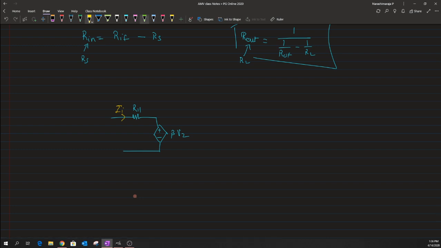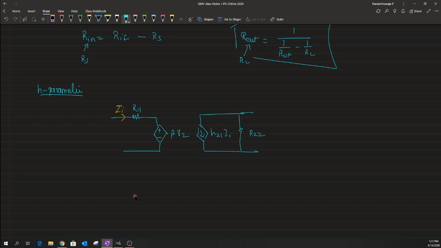Let me use it as II, and this is my H parameter. And across the output, what we have is a kind of current controlled current source, which could be written as H21 times that of II, and it also has a resistance R22.